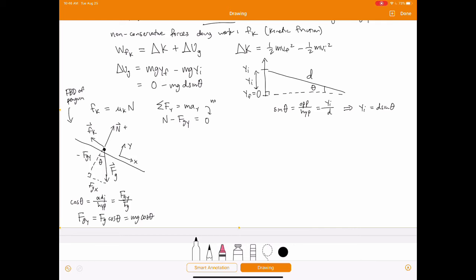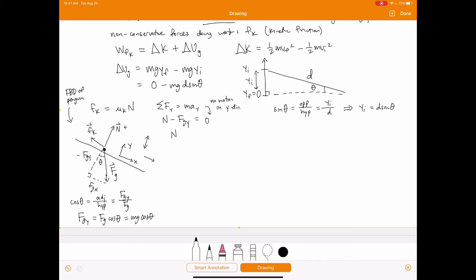There is no motion in the y direction, as we've shown in this diagram here. So, therefore, we can set the acceleration of the penguin equal to 0. So just to be clear about what I'm saying here, the penguin is not moving this way, not moving out of the ramp or into the ramp. The penguin is only moving this way, down the ramp. That's why we can set AY equal to 0.